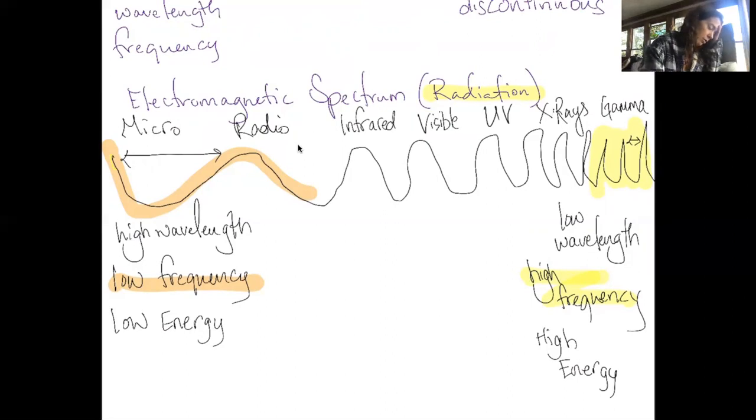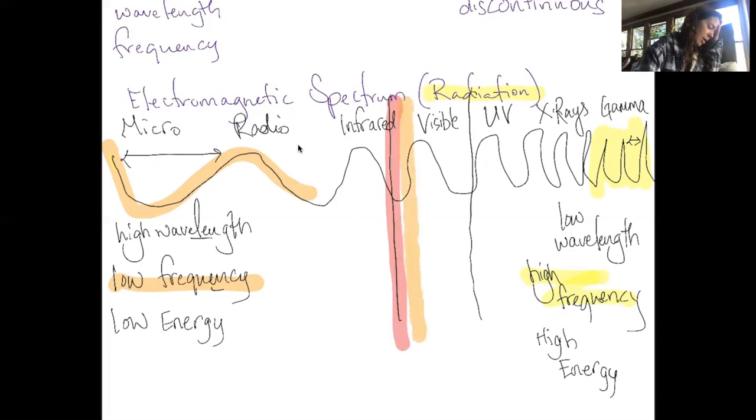And you know that if the radiation falls somewhere within this range in terms of its wavelength and its frequency, then our eyes can see this, right? And that's where our colors come in.